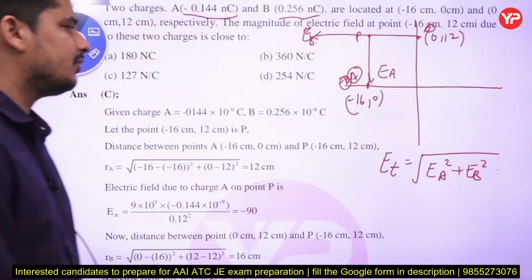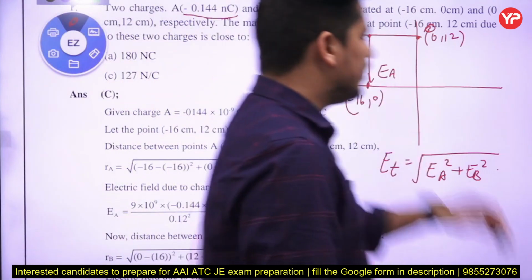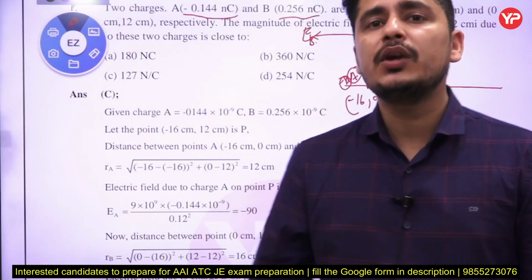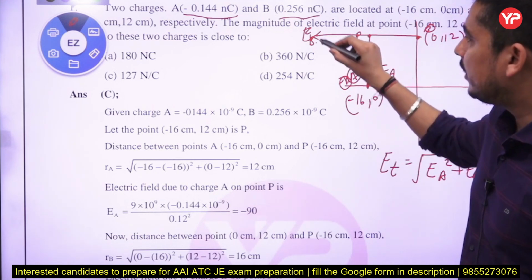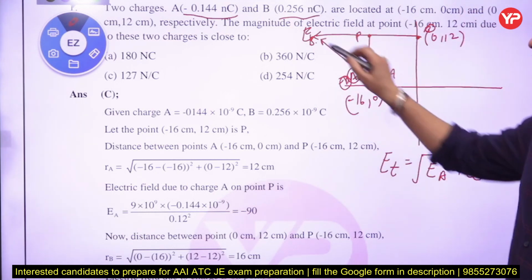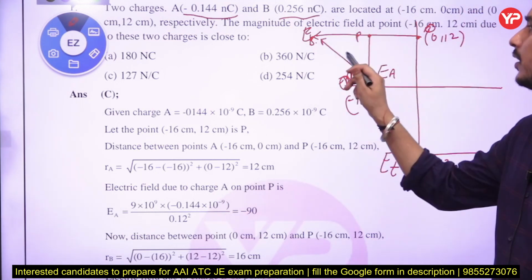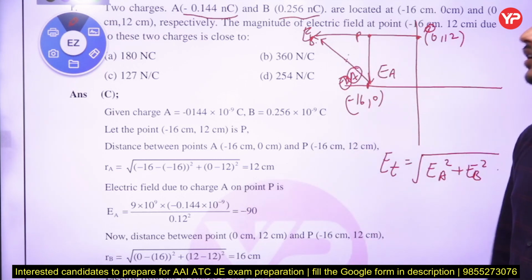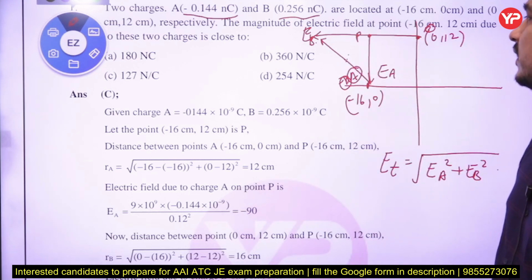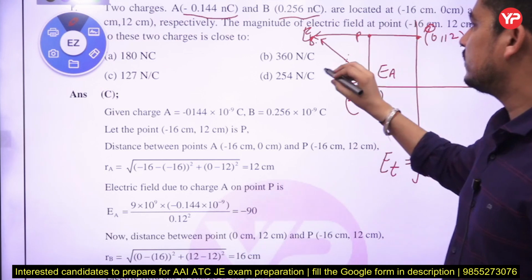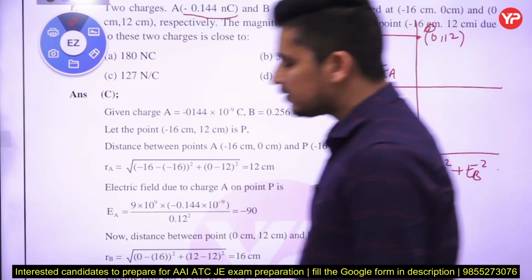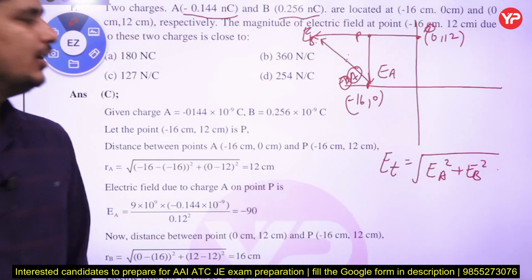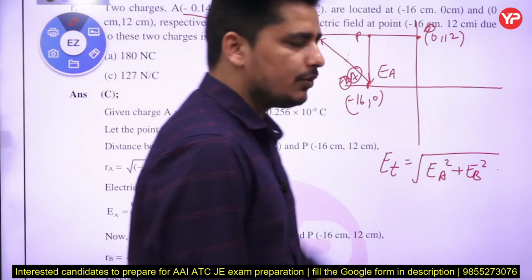In mathematics, whenever two vectors are perpendicular to each other and you calculate their resultant, you connect them like this, and this is the resultant vector. So the resultant is always the square root of EA squared plus EB squared. Got it? This is the formula we are going to use.